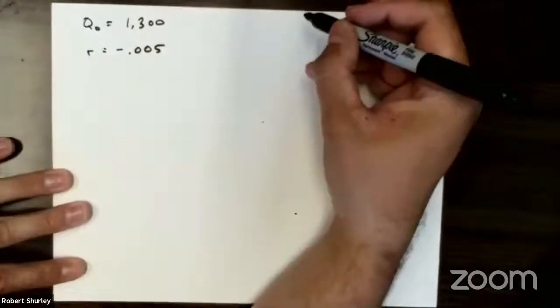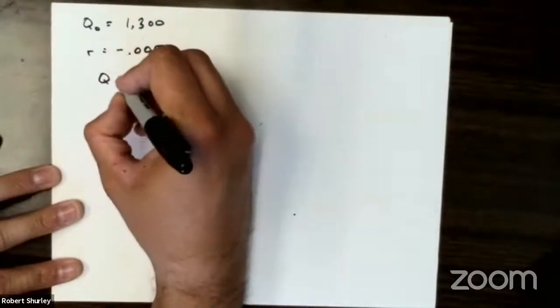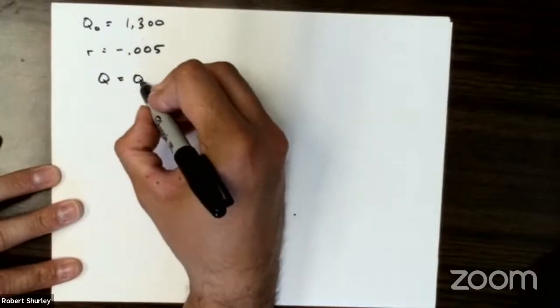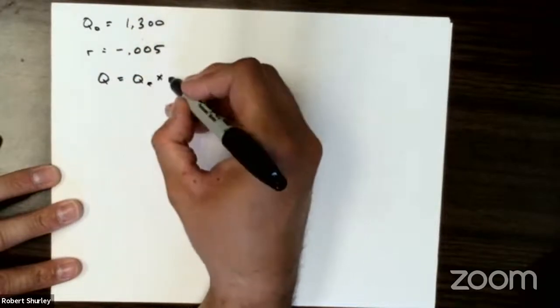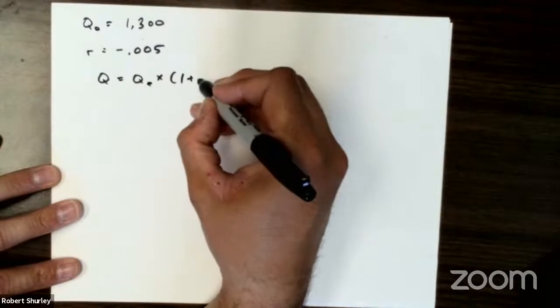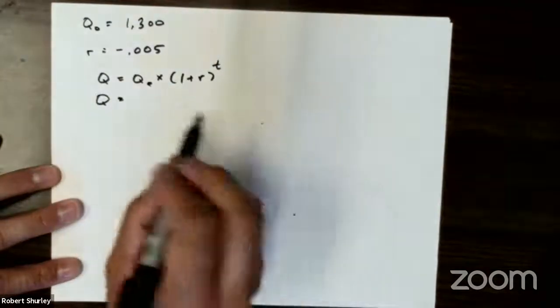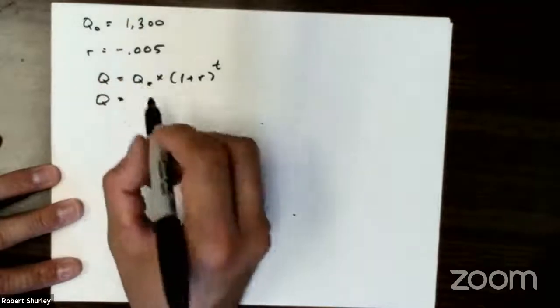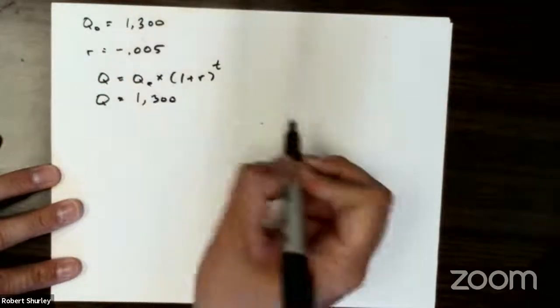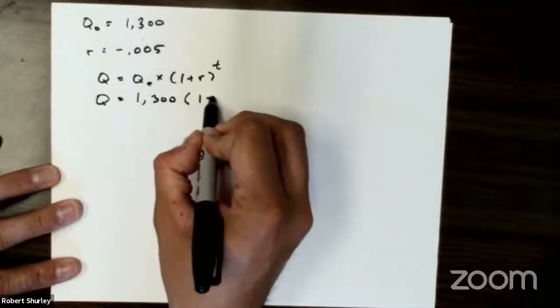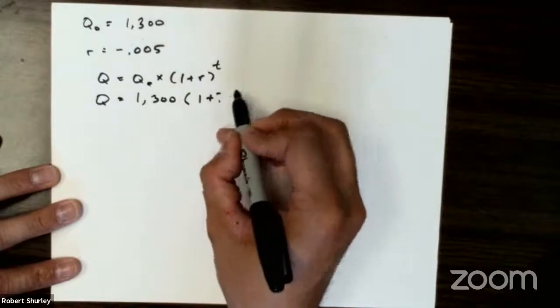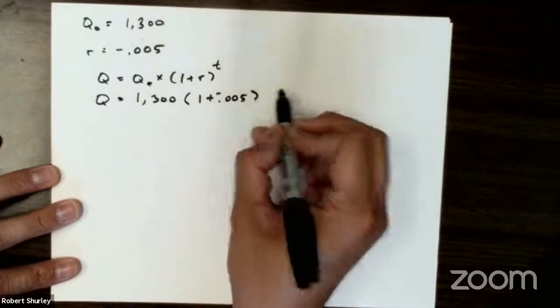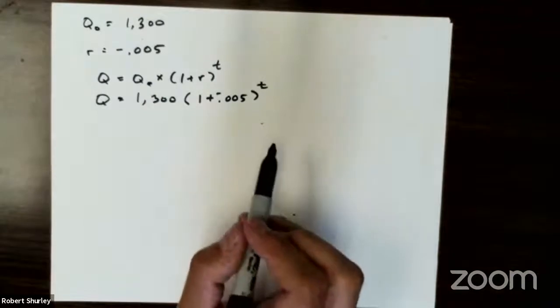Let's make an equation for this. Again, the way equations look is Q equals Q naught times 1 plus R raised to the T. So the equation for China here, in 2013, it was 1,300 million times 1 plus a negative 0.005, to the T, right?